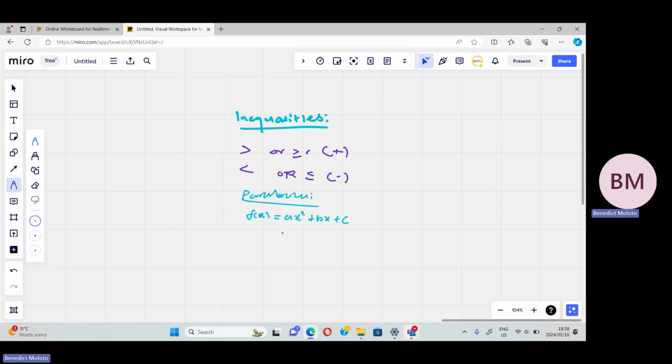Then from here, our parabola is happy, is like this in shape, if our a is positive, and our parabola is concave downward if our a is negative. If our a is positive, concave upward, happy. Here is sad.